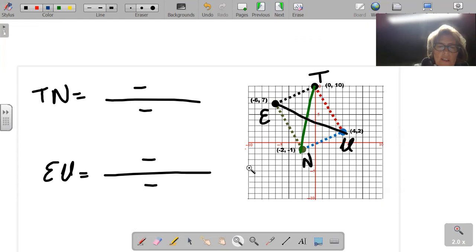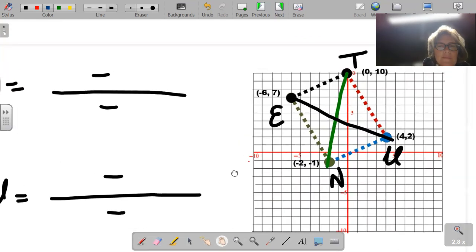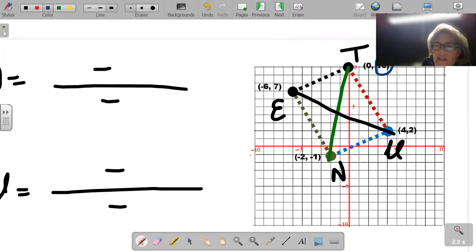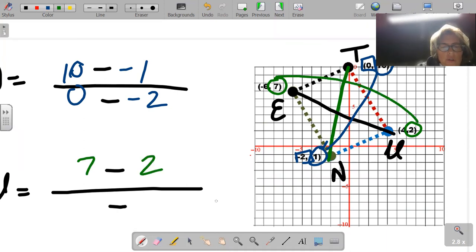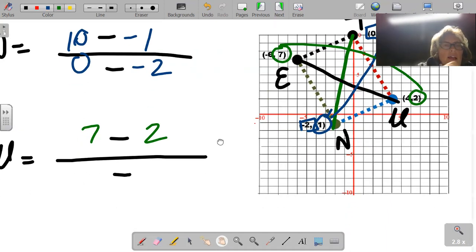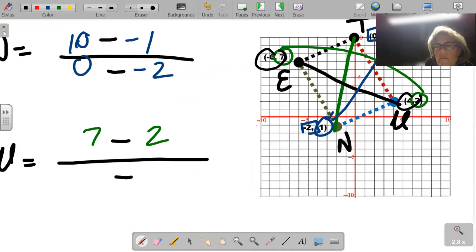Physically circling the numbers. Y minus y. It's 10, negative 1. X minus x. 0, negative 2. Going this way. Y minus y. Physically connecting, 7, 2. And x minus x. Negative 6 and 4.